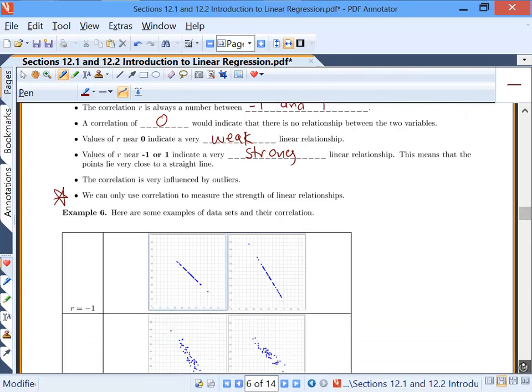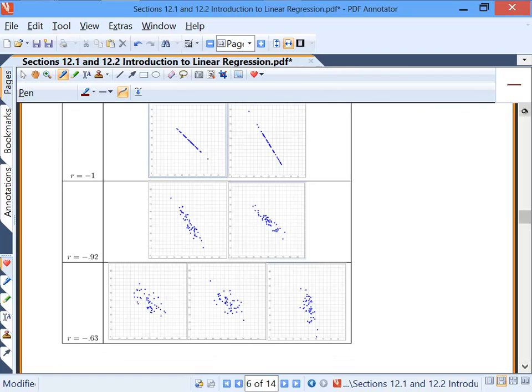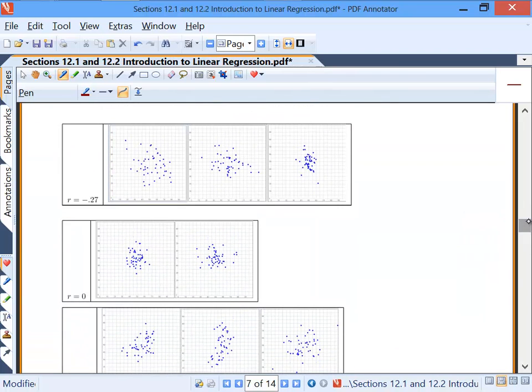So I have some examples of data sets and their correlation just so you can see them. Here's two different examples with a correlation of -1. Notice this negative slope. Two different sets with a correlation of -0.92, -0.63, and -0.27. Notice that at -0.27, it's hard to even tell that there is a linear relationship there.